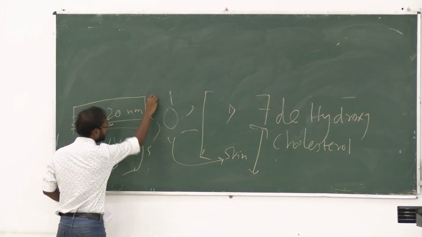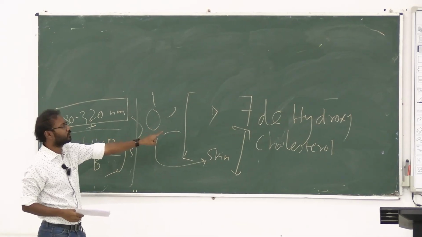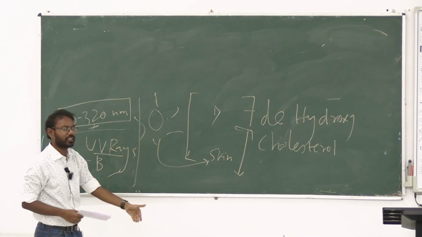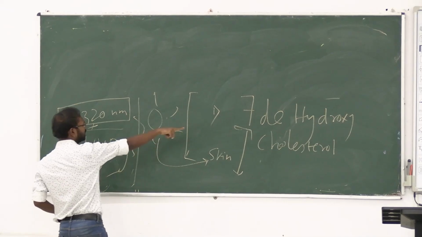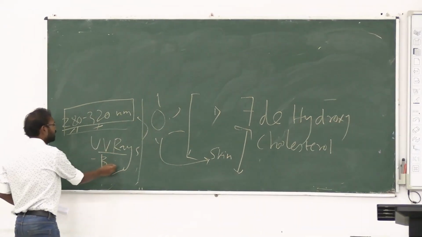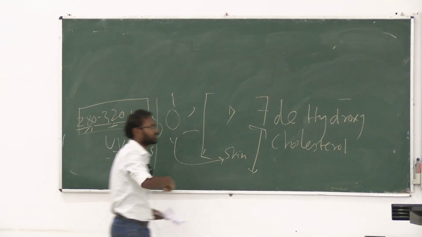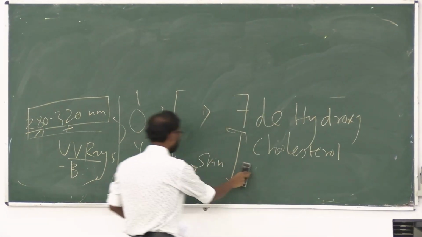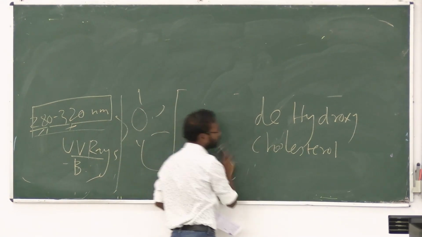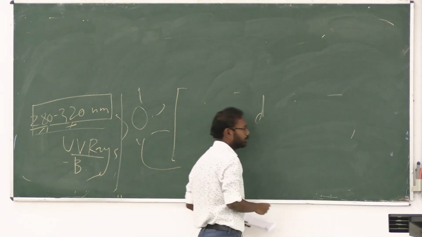Only this ray will be able to convert this 7-dehydro cholesterol into further things. So UVB rays of 280 to 320 nanometer come from sunlight into our skin. Then this thing will slowly transform into other things and ultimately it gives rise to vitamin D.